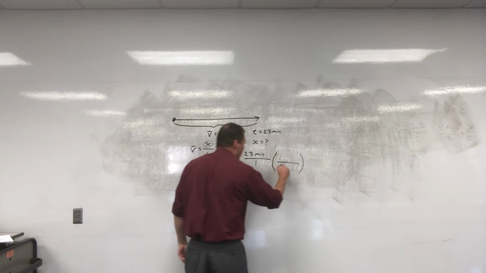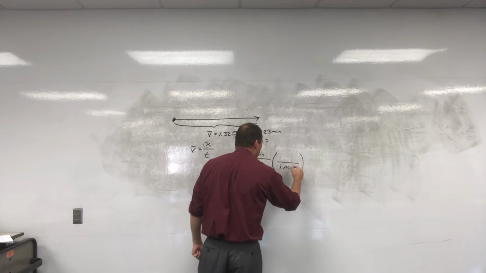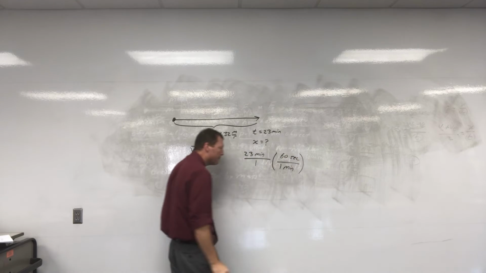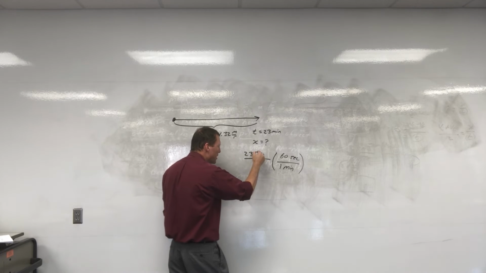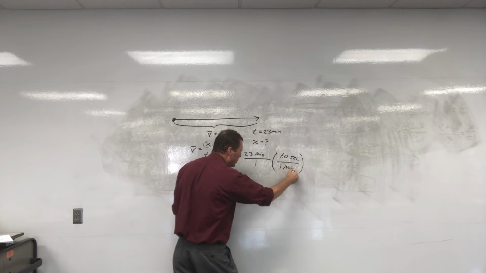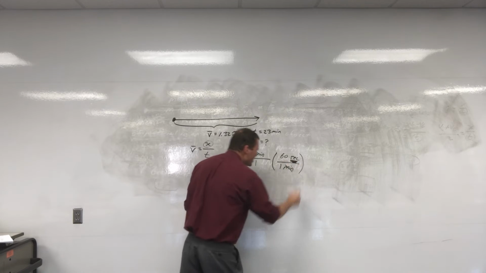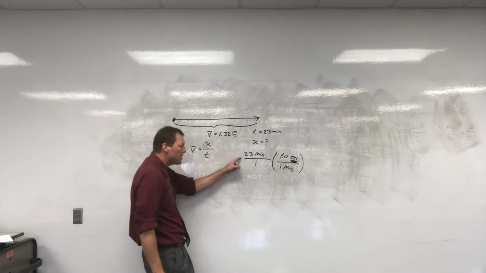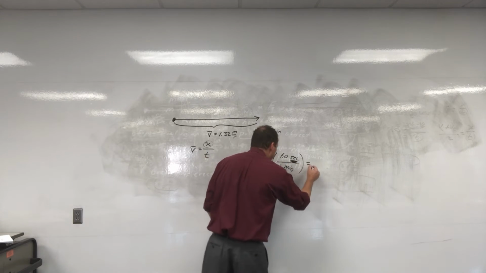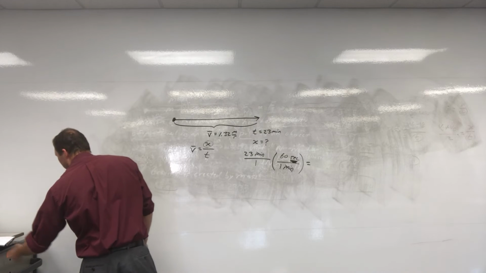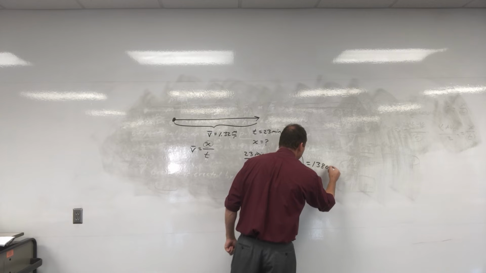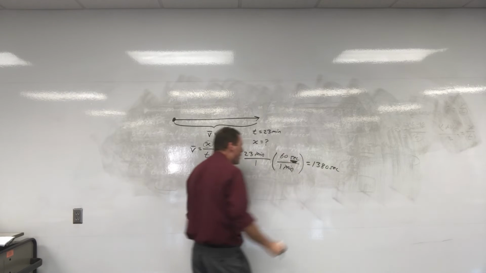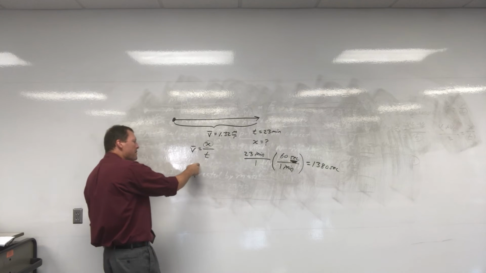I know that 1 minute equals 60 seconds. Now my units cancel out, and I am in seconds. So 23 times 60 equals 1,380 seconds.